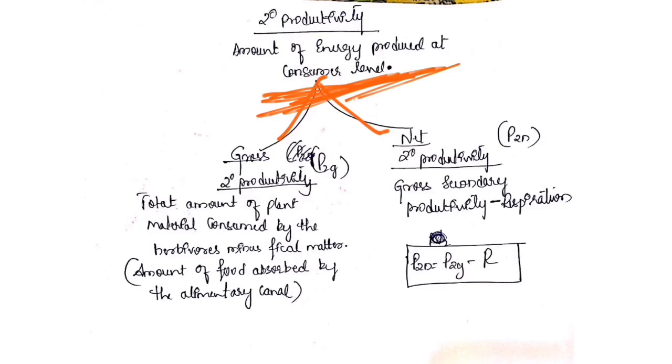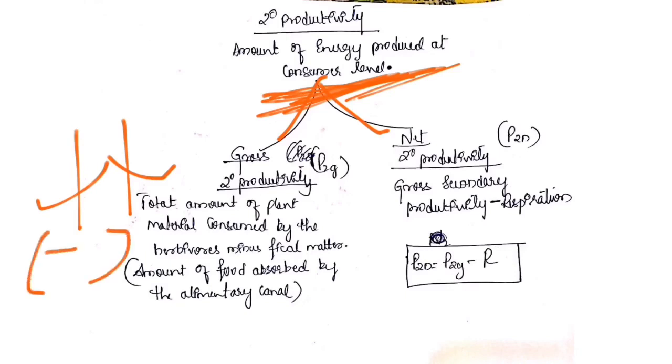So the amount of food energy absorbed by the alimentary canal is known as gross secondary productivity.